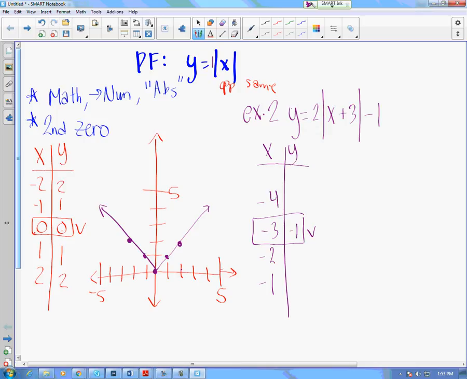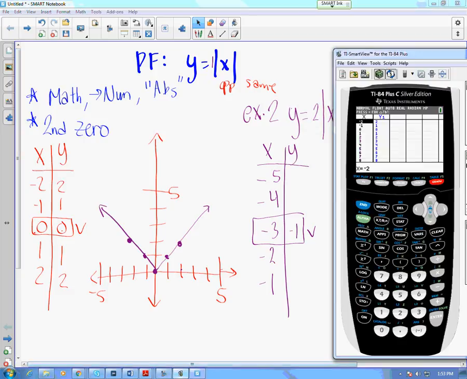-4 and -5. So, you can do it by hand, or you can use your calculator. Go back to y equals. Above the delete button, it says INS. That means insert.